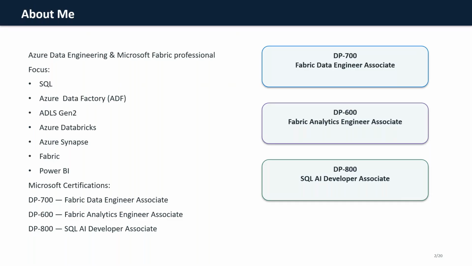Basically, data engineering is the practice of designing and building systems that collect data, store data and process large scale data. That is called data engineering. So we are gathering the data from multiple sources, like external files or Excel files, something like that.